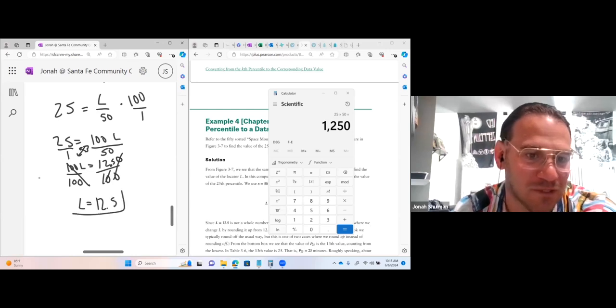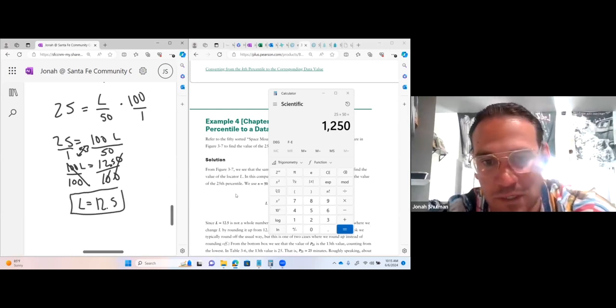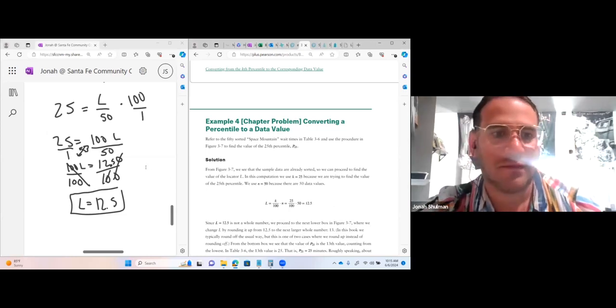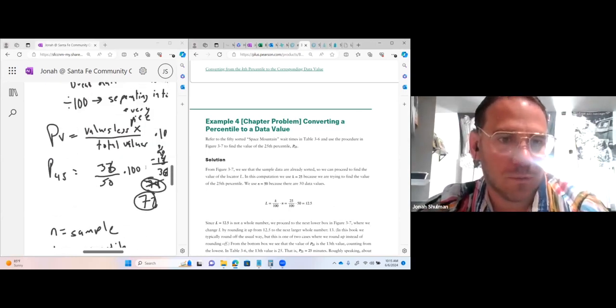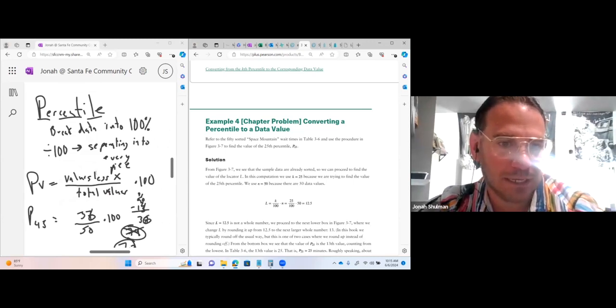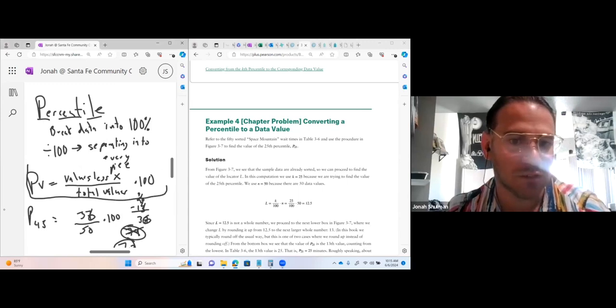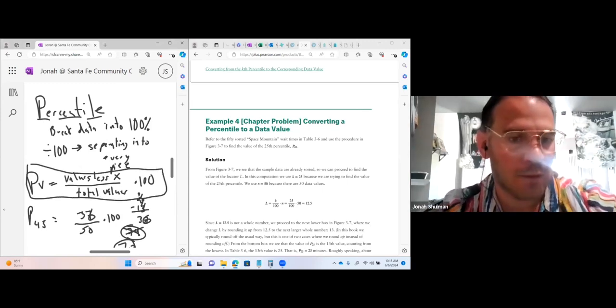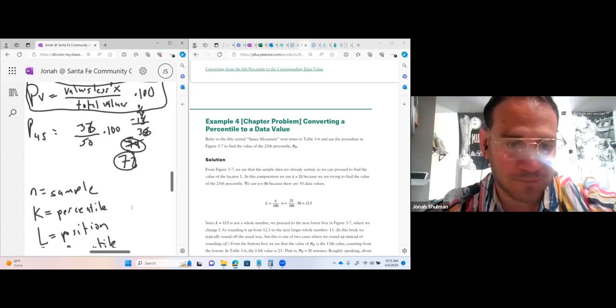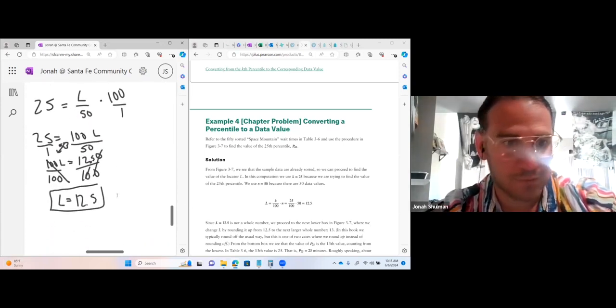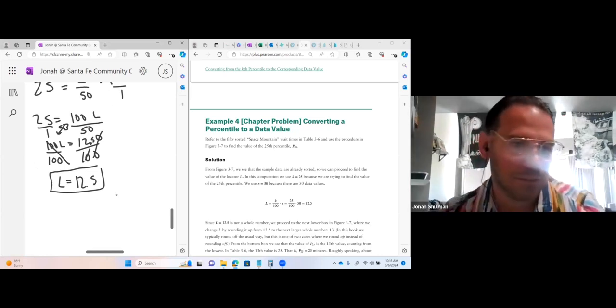What did they get using their weird mixed up way of doing the formula? The same thing. So that's the beauty of math. It doesn't matter which way you want to do the formula. You can use the formula exactly how they gave it to you above: the values less than X over the total values times 100. We could totally do it this way and get the right answer, or they moved the formula around, which is fine, and you get the same thing.